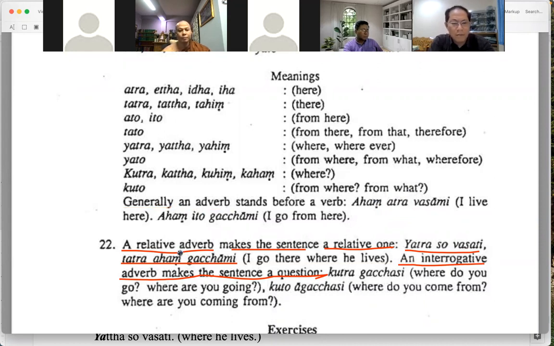Thank you. And then? Okay. So while doing the exercise, we can also see the usage of those sentences.